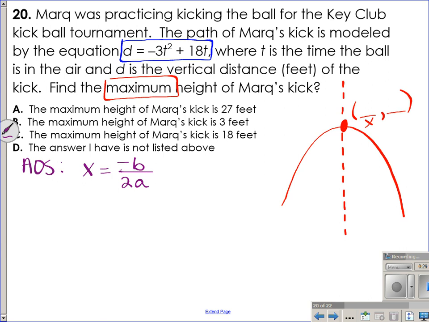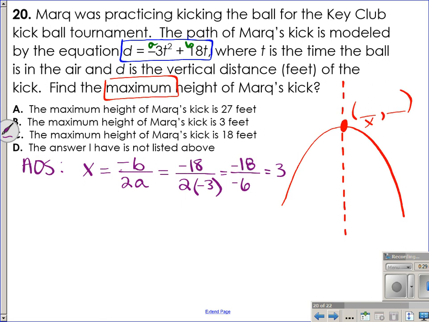So I'm going to go up to my formula. a is the negative 3, b is the 18. So opposite of b will be a negative 18 divided by 2 times a, which was negative 3. So I get negative 18 over negative 6, which is positive 3.